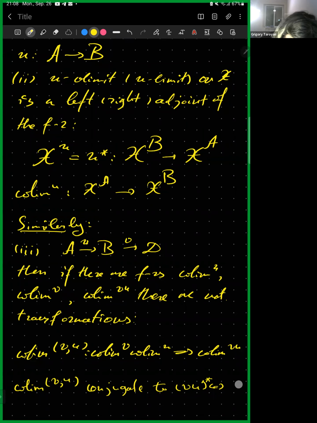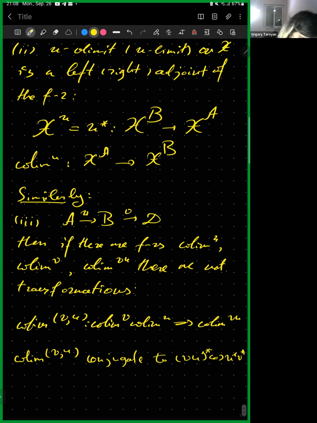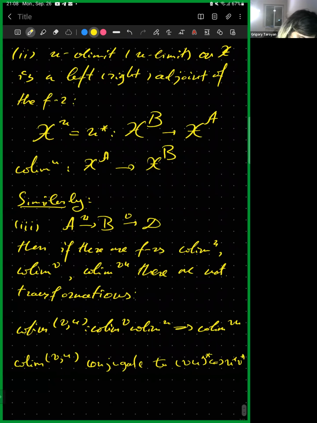So these definitions imply that, from the fact that this is adjoint to this identity transformation, it follows that this natural transformation is in fact an isomorphism.